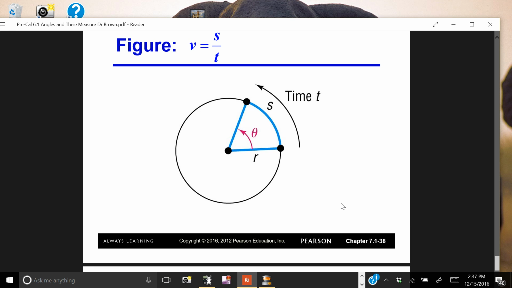So here we are, a circle of radius r, in time t, an object going round and around travels a distance of s, which represents an angle of theta, and r is a radius.